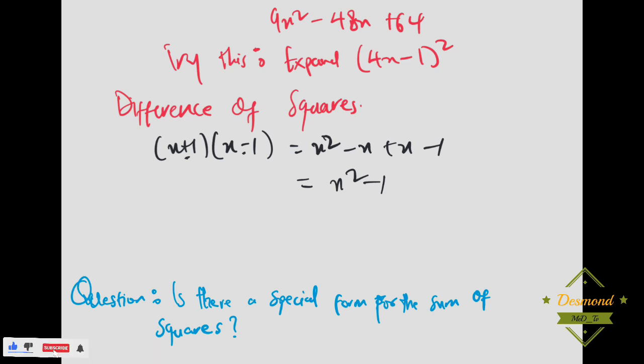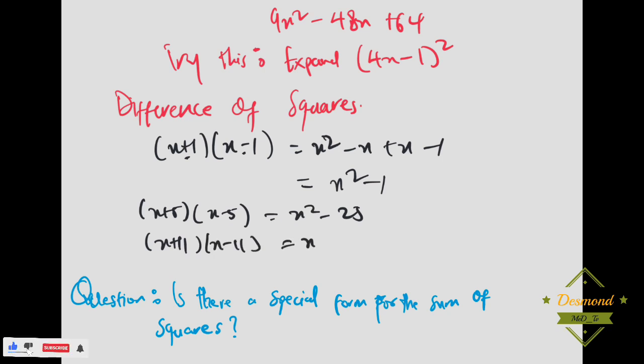So just as we did with the perfect square, let's look at a few examples again. Let's say we have x plus 5 and x minus 5. This one you should get x squared minus 25. Another one, maybe x plus 11, x minus 11, and this one you should get x squared minus 121.